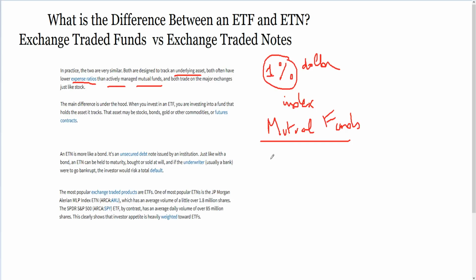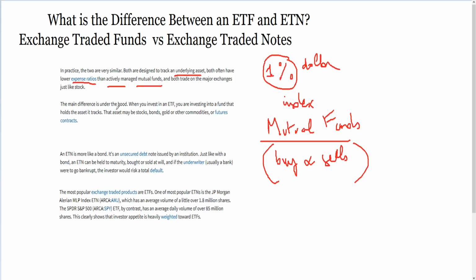It means they buy and sell stocks in these funds. But in exchange traded funds and exchange traded notes, there is no buying and selling, except for actively managed ETFs.